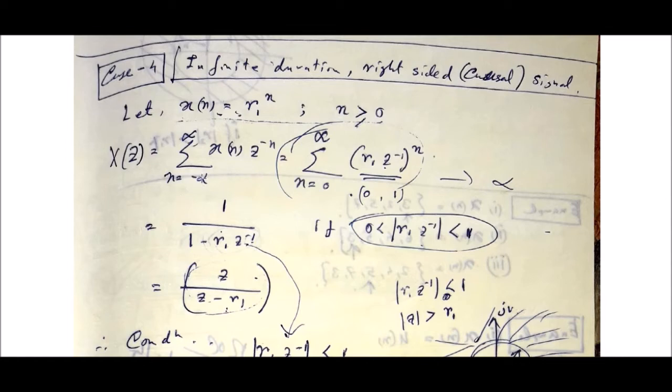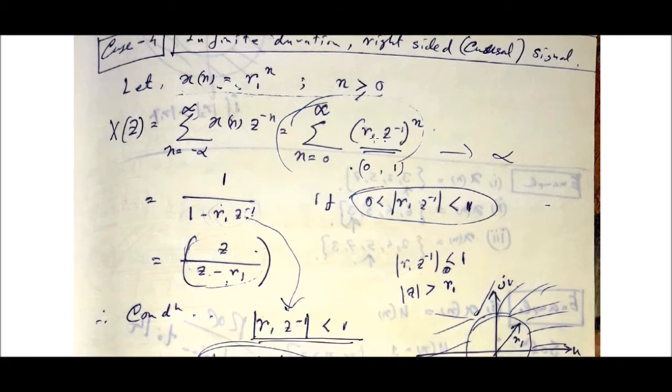Only n should start from 0, and up to plus infinity it may have samples. Now in place of x[n], you put r1 to the power n. If you put that and take common, (r1 z to the power minus 1) whole to the power n, because it is z to the power minus n and r1 to the power n. So it can be written in this way.